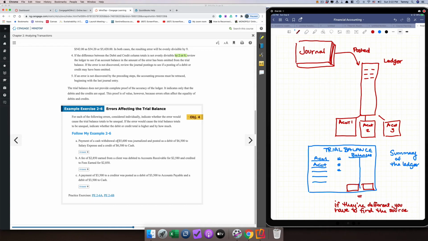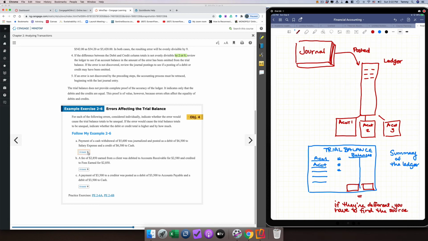For instance, we paid a cash withdrawal of $5,600, and we posted it as a debit to salary and a credit to cash. Right, so we have ignored the withdrawal and called it a salary expense.